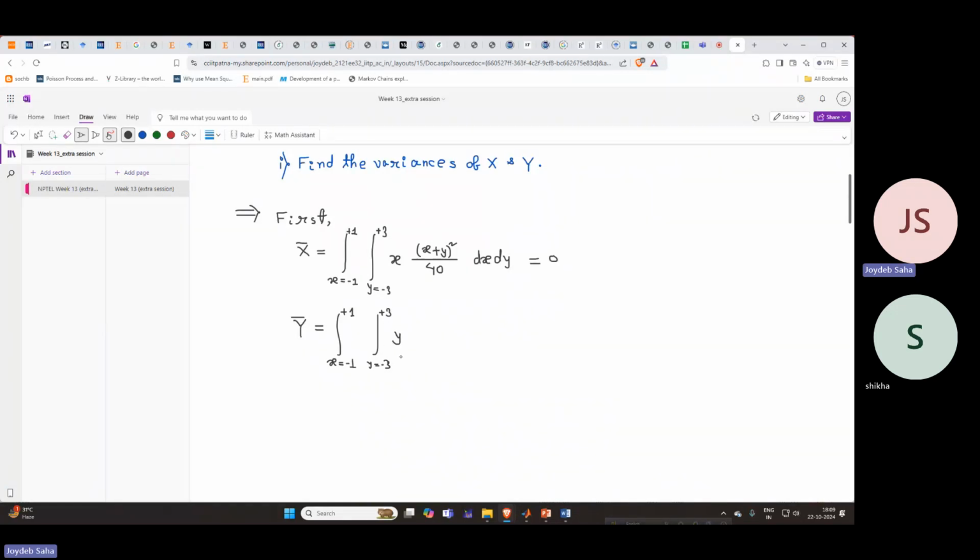Similarly, y multiplied with x plus y whole square upon 40 dx dy, and its value will also be 0. You may calculate.